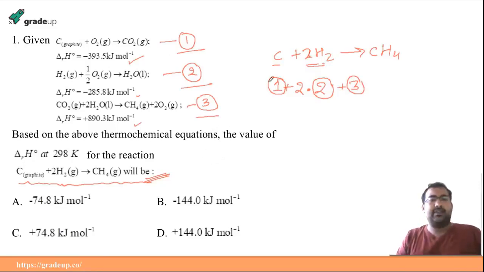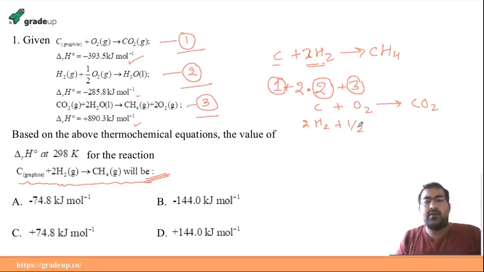So you have the first reaction, C plus O2 gives CO2. Two times the second reaction, 2 times 2H2 plus O2 gives 2H2O. And then we add the third reaction, CO2 plus 2H2O gives CH4 plus 2O2.